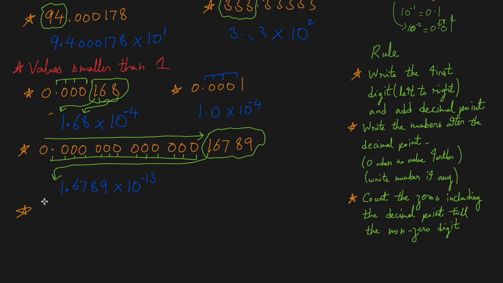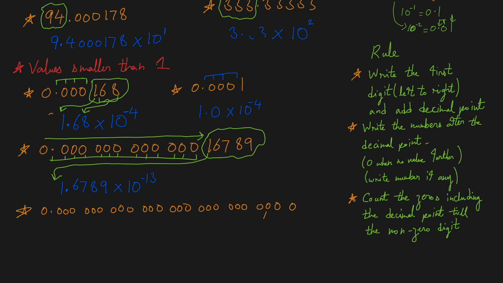Another example that is also very extreme. So, 0.000000. Where should I write?